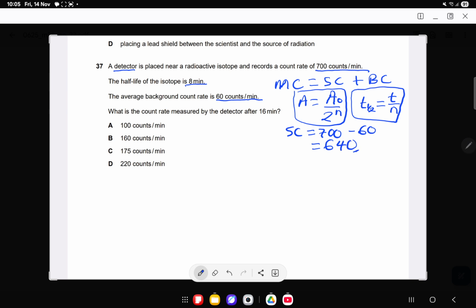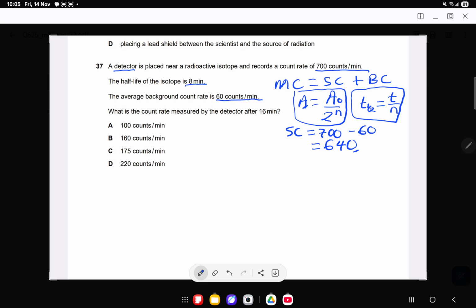Now the question says, what is the count rate measured by the detector after 16 minutes? Obviously we are going to use this formula for the calculation. We already know our A naught, which is the 640 that I just calculated. But first of all, we need to find our n, and we can use the half-life equation.